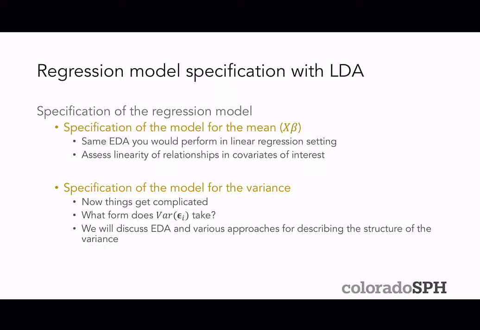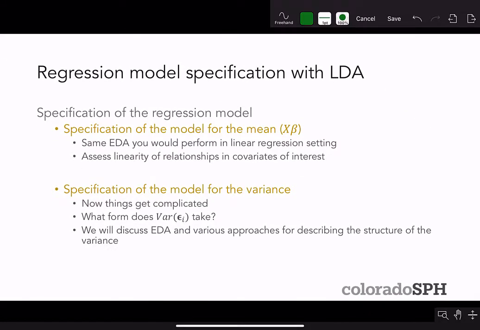So there are two parts of the model that you have to specify when you're doing longitudinal data analysis. And this is for specifying a regression model, by the way. The first is specification of the model for the mean.